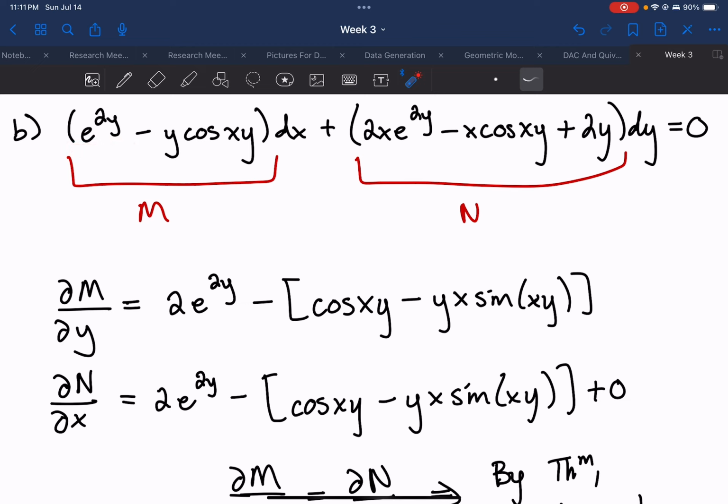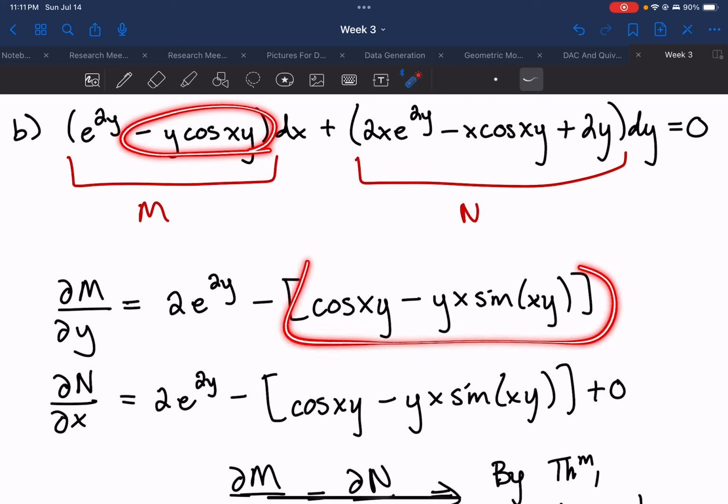And then you get a product rule on this side. Derivative of the first, keep the second, is this term. And then derivative of the second is negative sine xy times x. And then the y hangs out up front, right? So the derivative of this gives us this product.